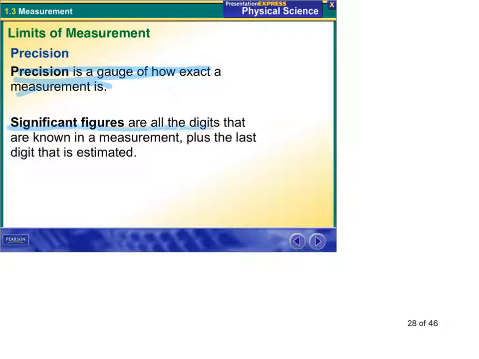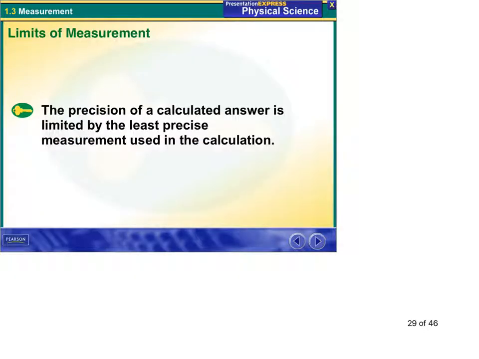When we talk precision, we deal with significant figures, which are all the digits that are known plus one estimated digit. As we do calculations through the course of the year, I'll be talking a lot about significant figures and precision and how we report answers.